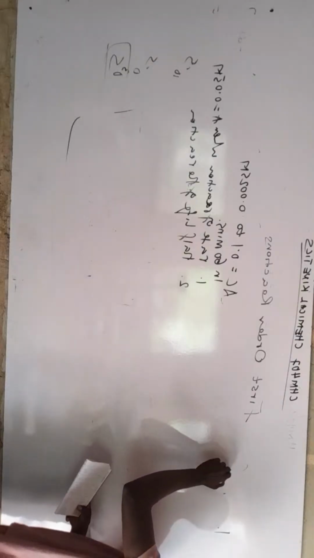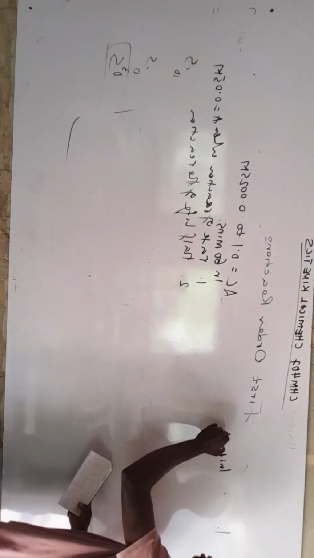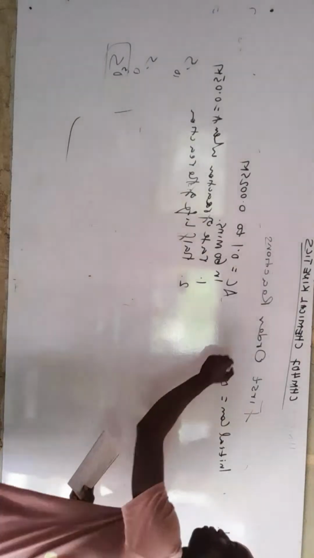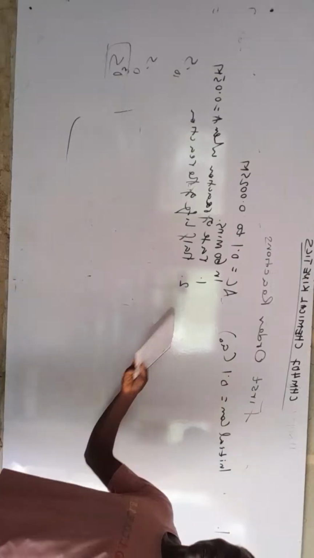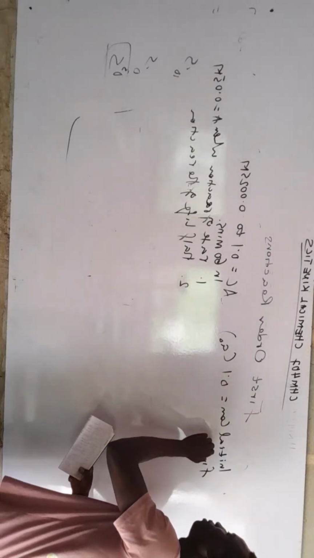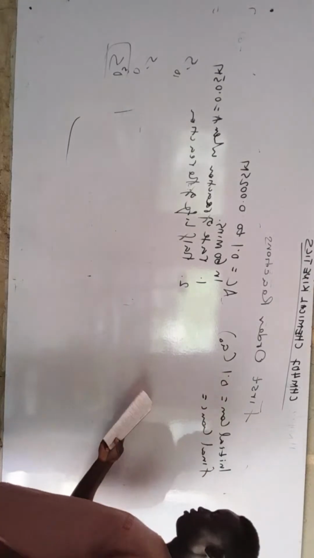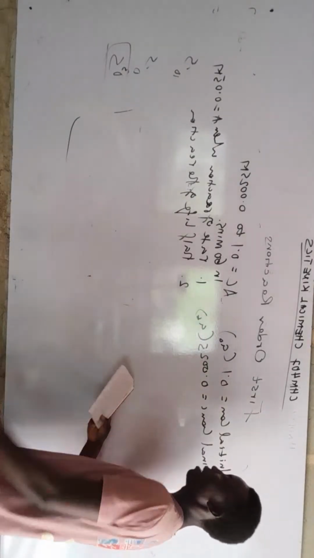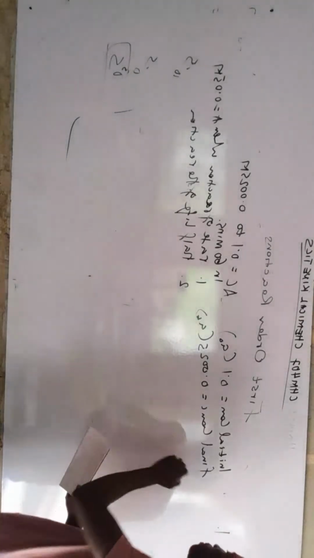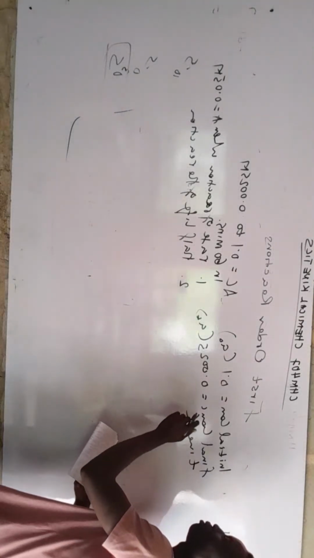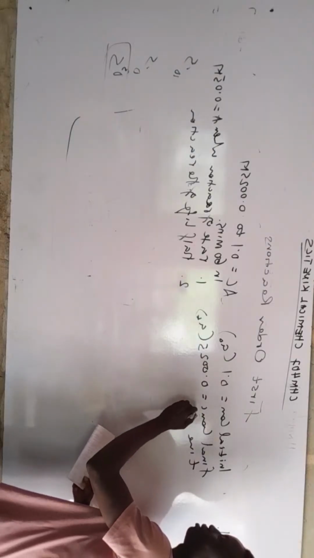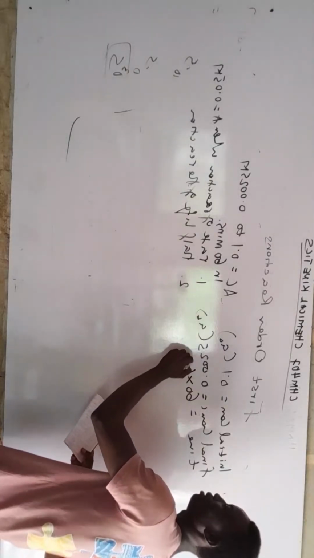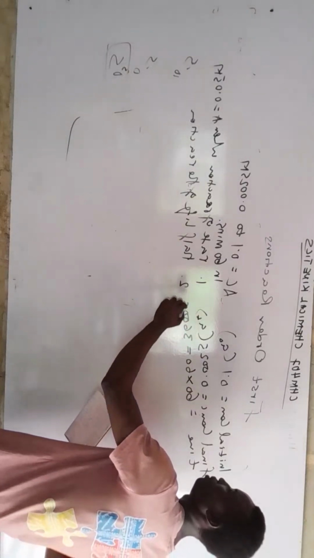First of all, the initial concentration is given to be 0.1, which represents our A naught. Our final concentration represents 0.0025, which is our At there. Then the time taken in seconds: we're given 60 minutes. 60 times 60 will give you 3600 seconds.